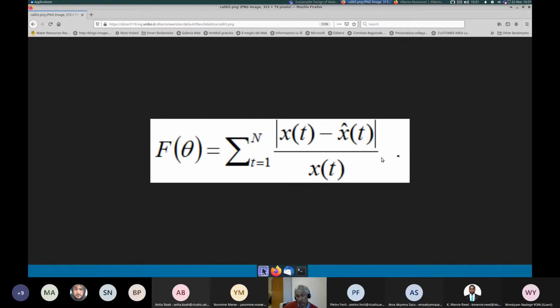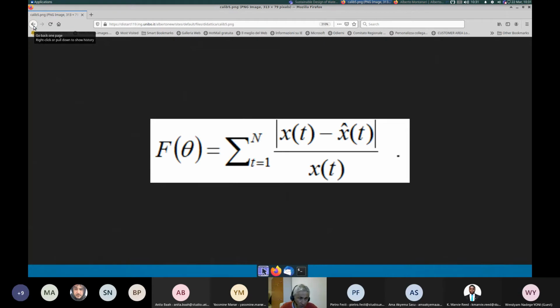Another solution may be, of course, to take the square root of the absolute value of the difference. The square root is the opposite of squaring, and so you get more emphasis on the low flows.